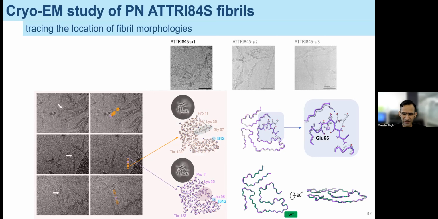At this point, the resolution is not good enough for us to actually see this particular residue, whether it is serine or isoleucine. But based on the mass spectrometry, we see almost 30% of these fibrils contain I84, but 60% contain mutant serine.